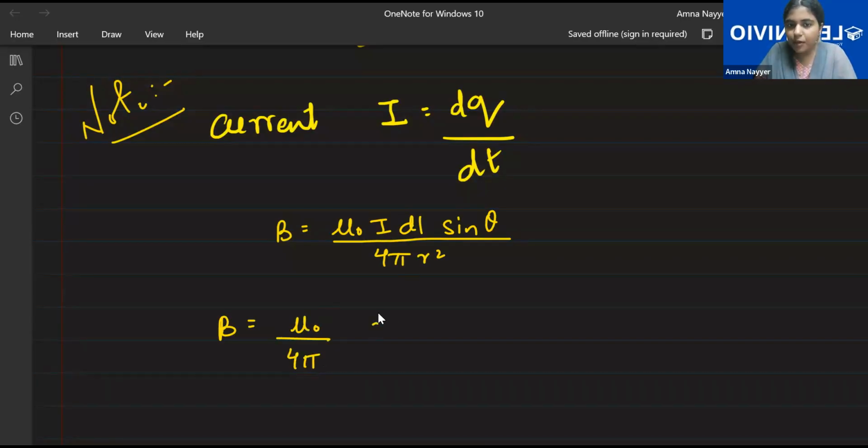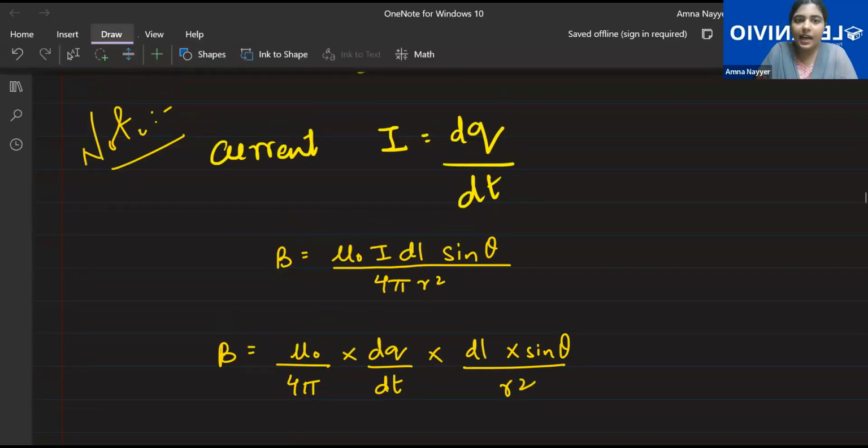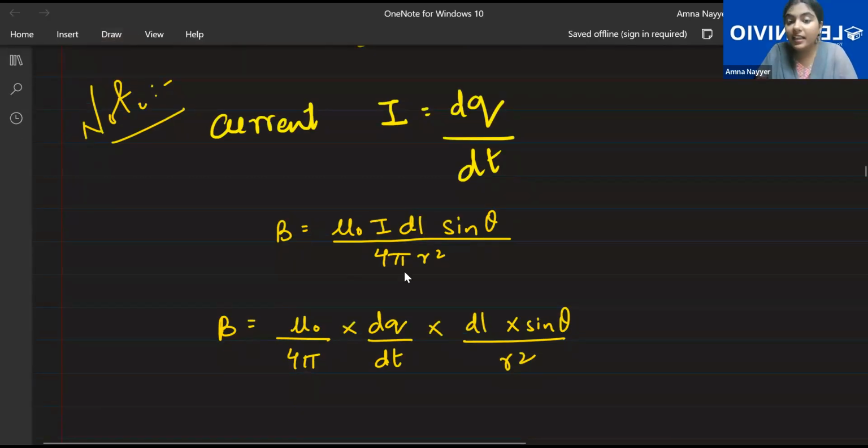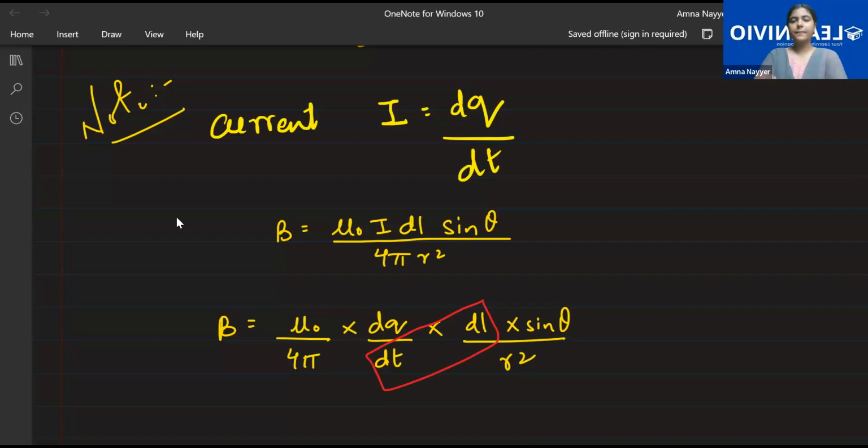Instead of current, I am putting dq over dt into what's left? dl into sine theta divided by r square. Can any one of you by any chance tell me, what is this? dl over dt. Speed. Yes, very good.